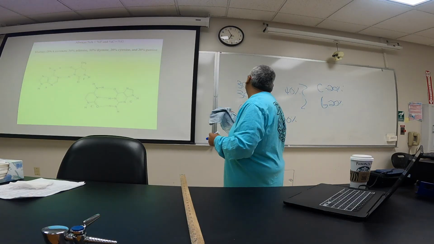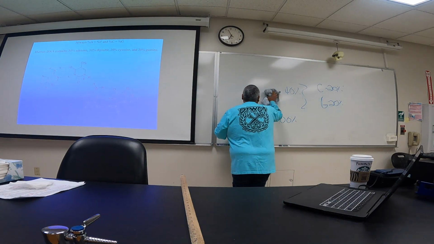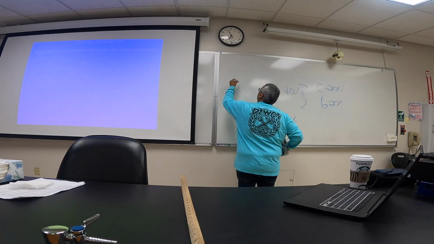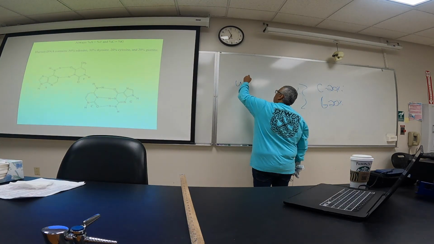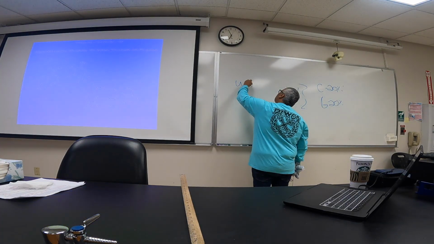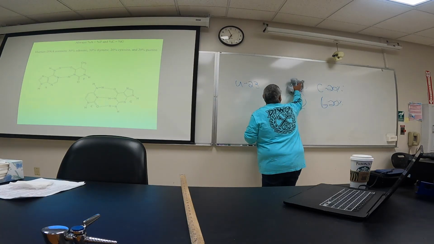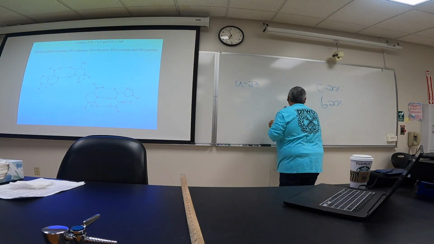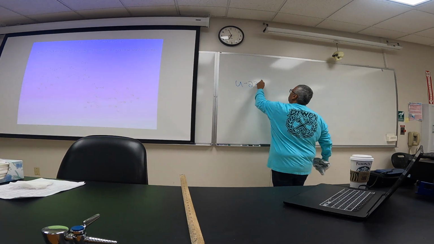Let me change these figures around just a little bit. If I had an RNA structure with uracil, and uracil was, let's go with 23%.